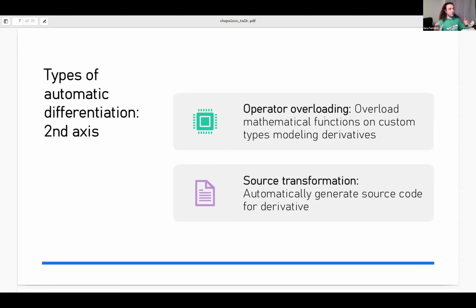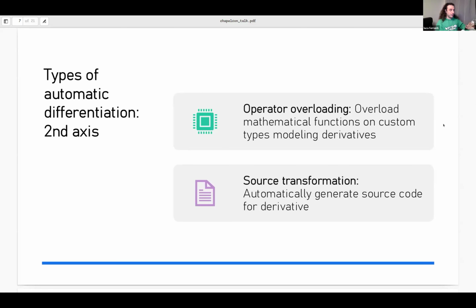So it could be thought of more like a runtime approach, where I overload the behavior of my function on this new type. Or source transformation, which may be a bit more intuitive: I generate new source code, so I kind of compile my code to its derivative.